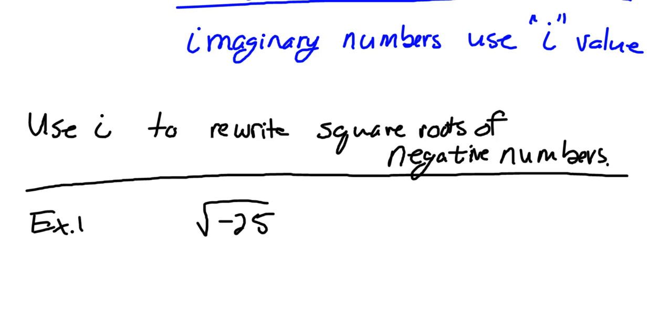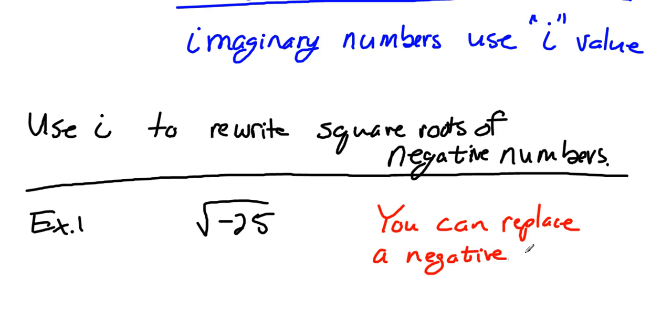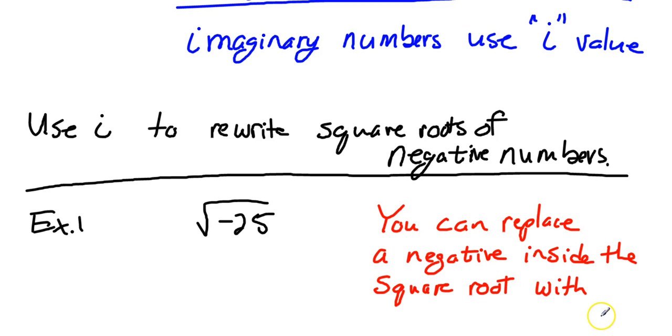Basically, you're going to replace a negative inside the square root with i squared.